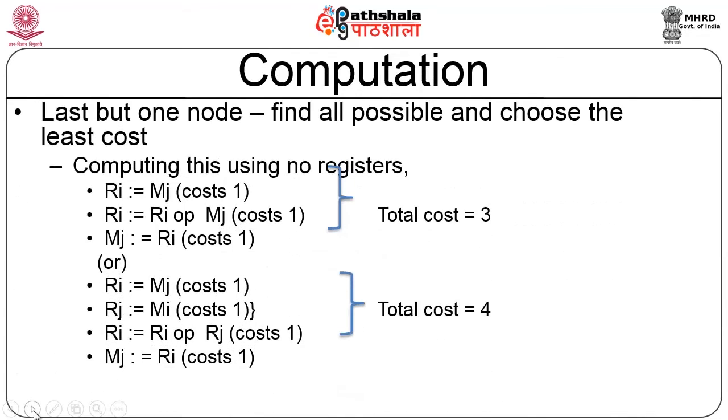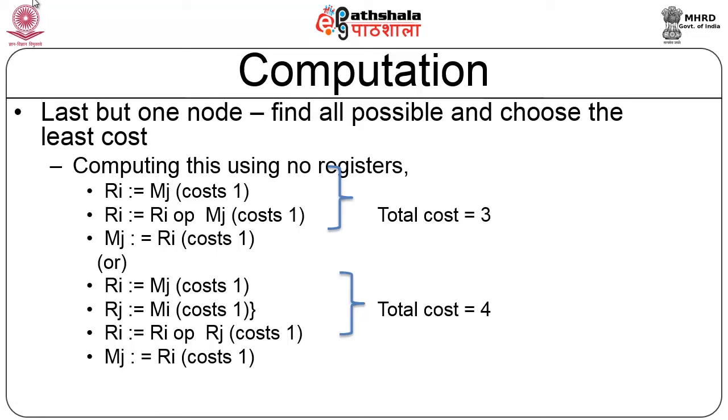Let us look at this last but one node. So, you have to find all possible costs and choose the one with the least cost. Okay. So, I have here 2 options, computing a particular node with no registers. Of course, I do not have a memory based instruction according to my instruction set.